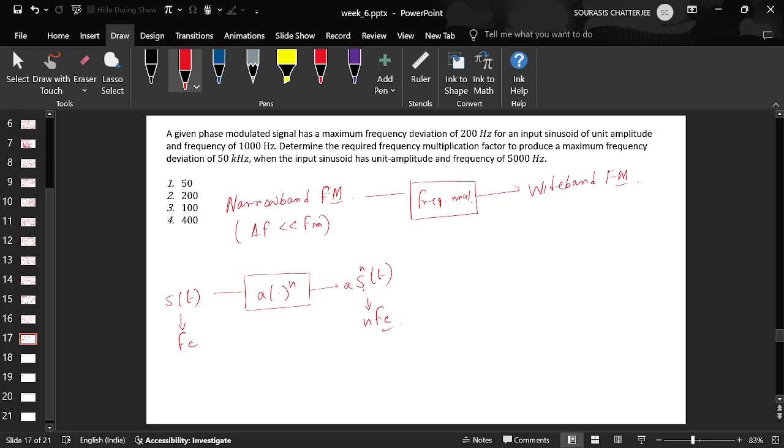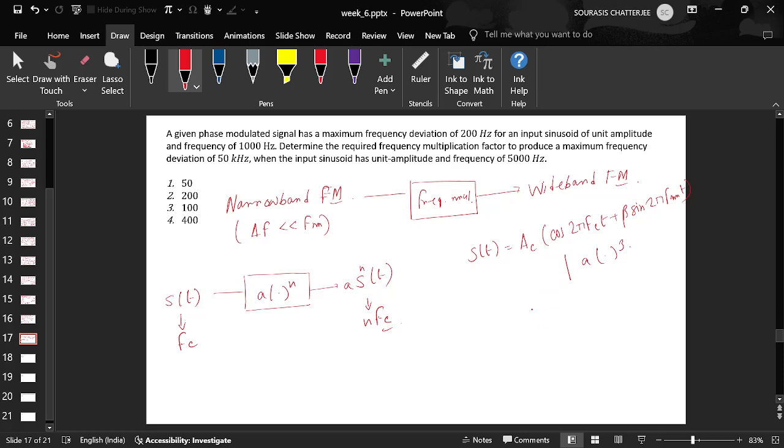So for example, if I show here, if your s(t) here is Ac times cos of 2 pi fc t plus beta sine 2 pi fm t, you are passing through, let's say, a times cube here.